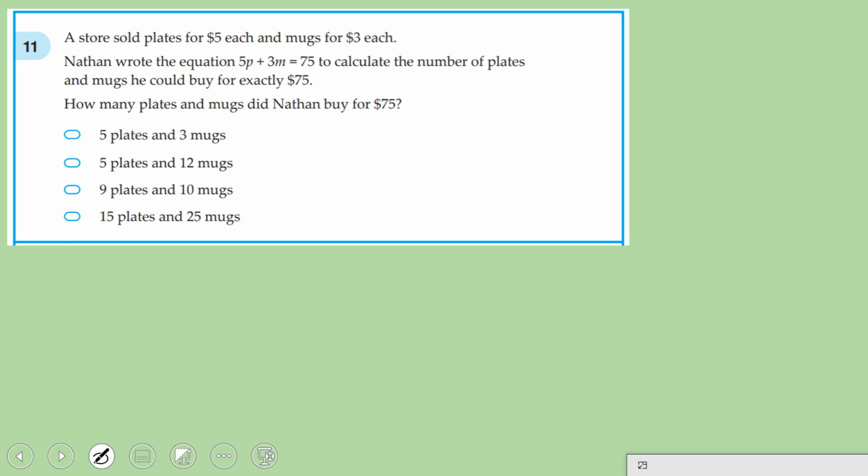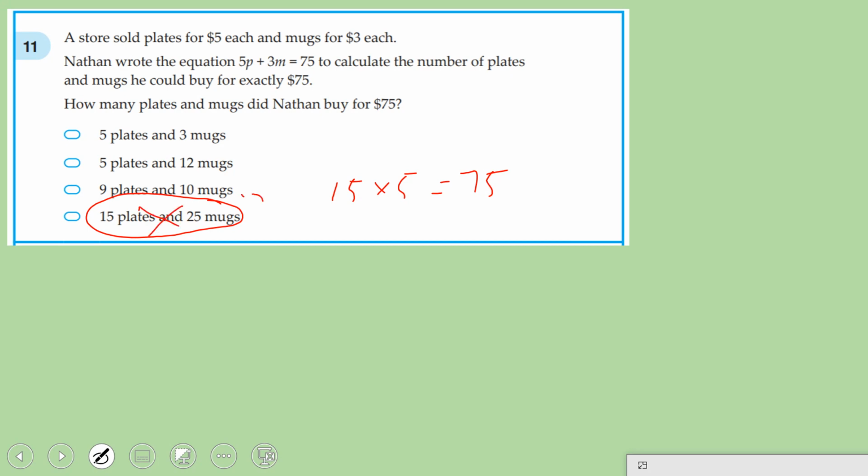How many did he buy? You could put in these numbers and see how it goes. This one obviously looks enormous. 15 times 5, we can put that in your calculator, so 15 plates at $5 each. That already makes 75, so that's already all our budget exhausted. So it's not going to be that one.